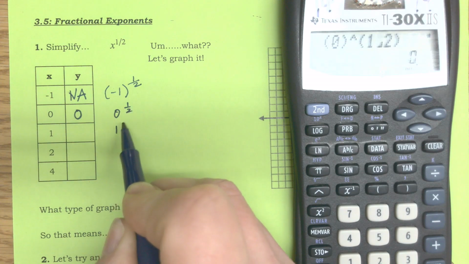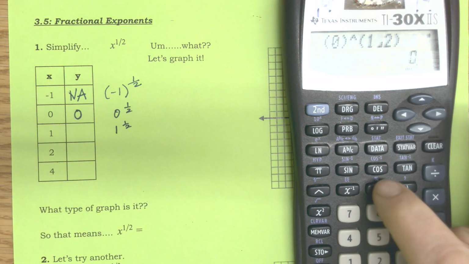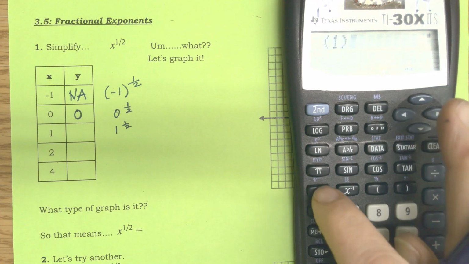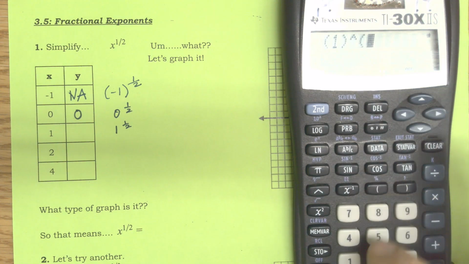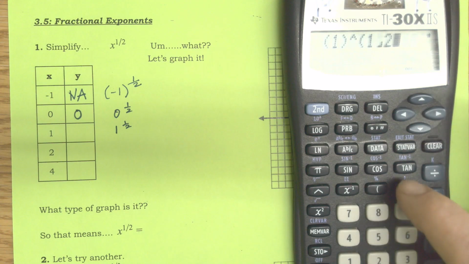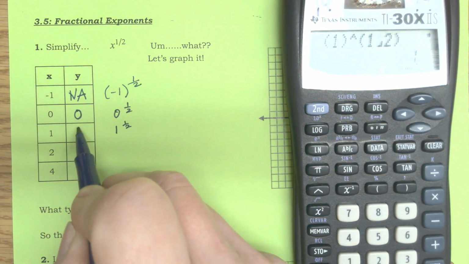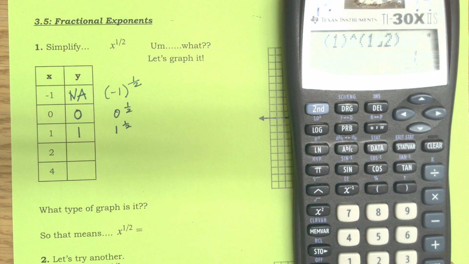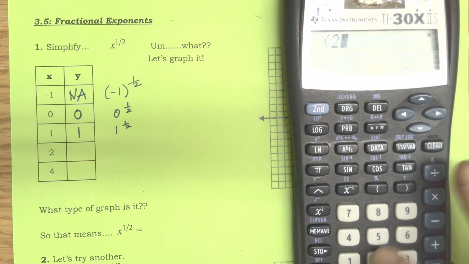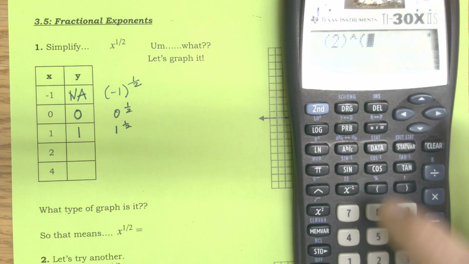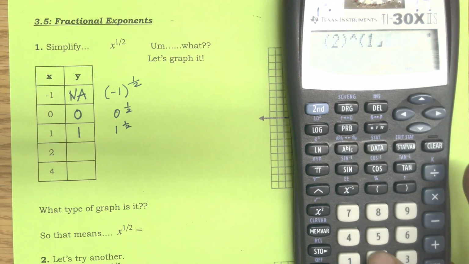Now I'm on 1 to the 1/2. So I do parenthesis 1 end parenthesis. I raise it to the parenthesis 1/2 power. And I get 1 for that one. Now I'm going to do 2 raised to the 1/2 power.